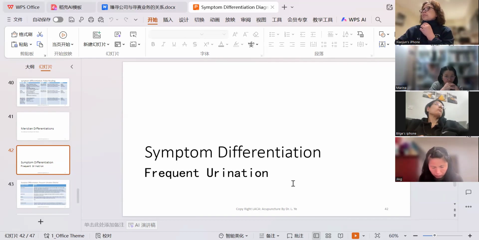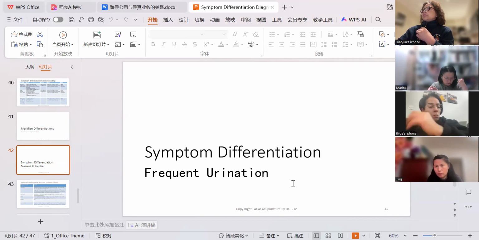As I said, using the eight principles, first you differentiate the exterior from the interior. Then differentiate cold and hot, and the six evils. And then for interior, you work out what to do with different organs, kidneys, or liver, or others.